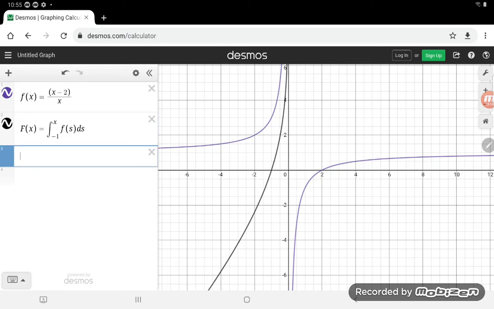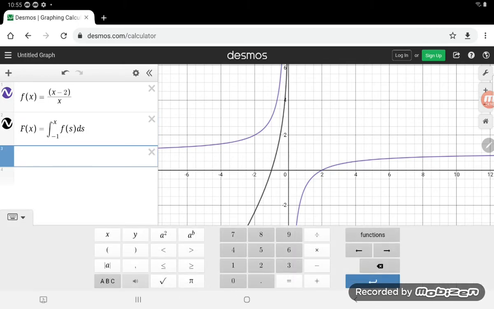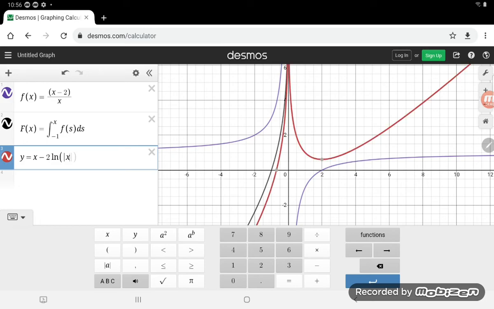And if I plot our answer, I could just call it y, I guess. y equals x minus 2 natural log of the absolute value of x, like that, and then plus 1.